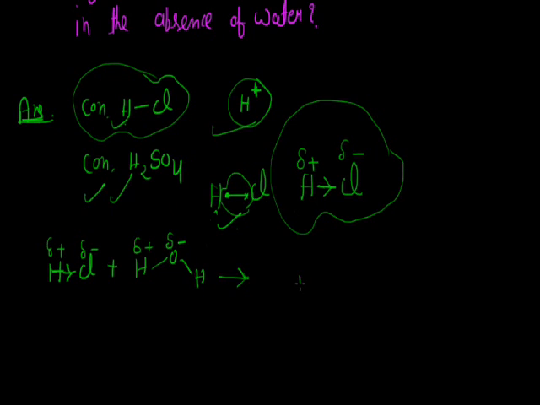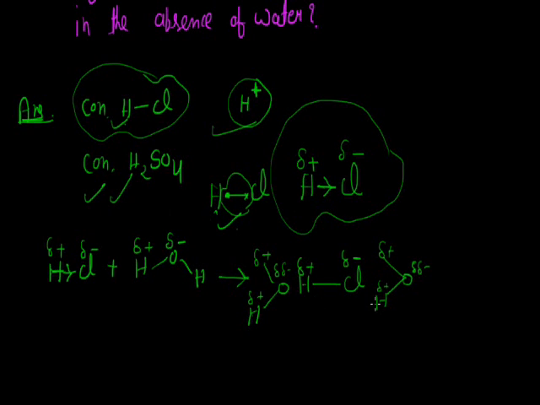The delta negative charge of Cl is attracted towards the H plus side of the water molecule. It means the hydrogen side of the water molecule forms an envelope towards the Cl negative side.